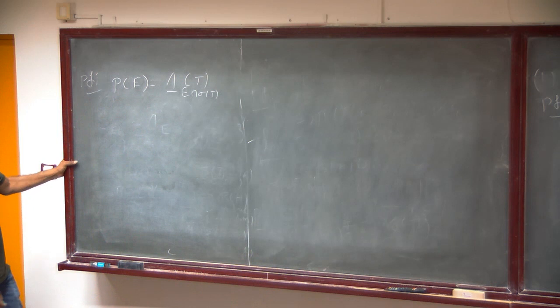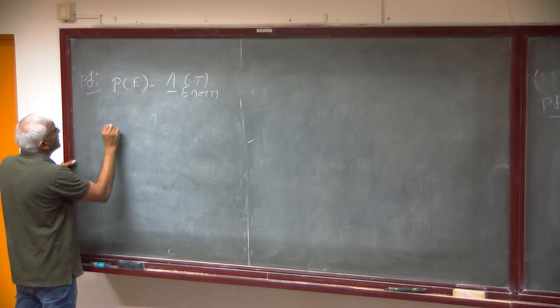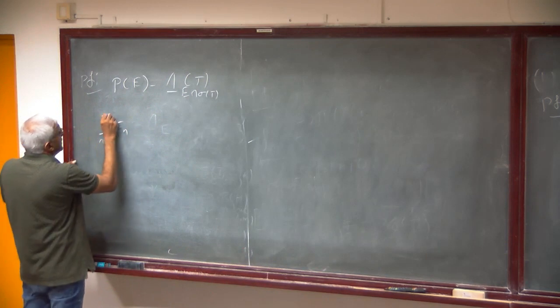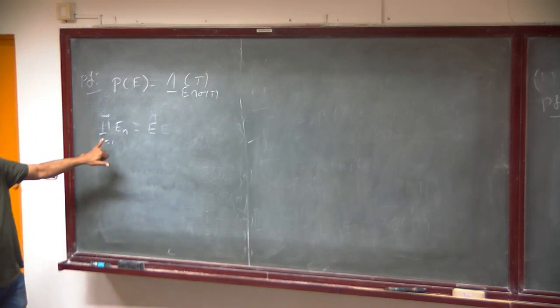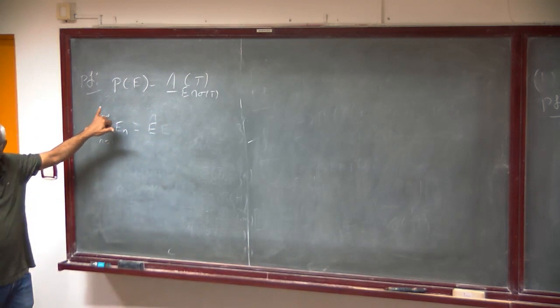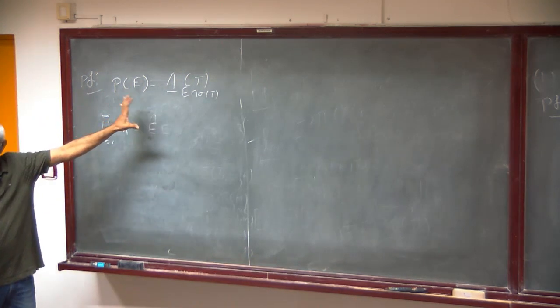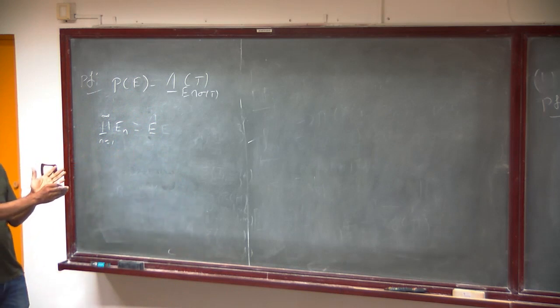Then clearly, we know that if E is the disjoint union of the E n, then the sum up to capital N will increase to E. So that will increase to that, and it's clearly additive, and all that is clear, I believe. You have already seen that, right?